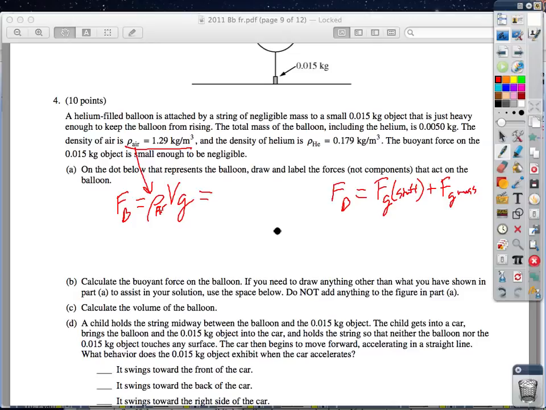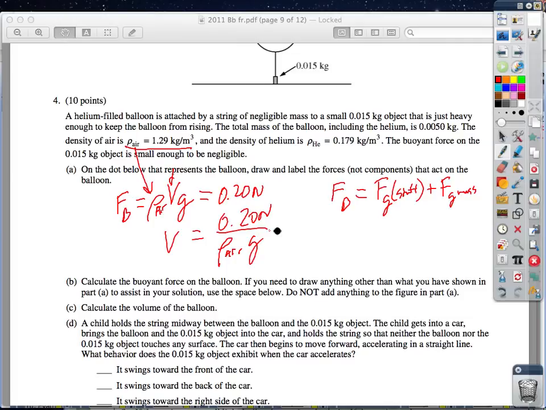Oh, yeah, we knew this, what was it, 0.2 newtons? And we just get that right there. So the volume is going to be 0.2 newtons divided by density of air times gravity.